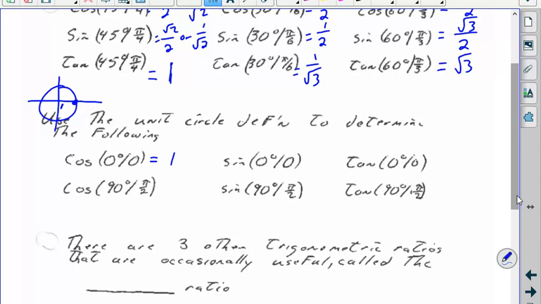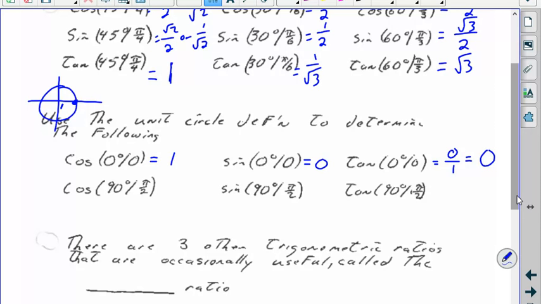It is 0. So sine of 0 degrees is 0. Tangent is opposite over adjacent. Well, it's not really a triangle, but our opposite would be 0 units, and our adjacent would be 1 unit. So tangent of 0 degrees is 0.